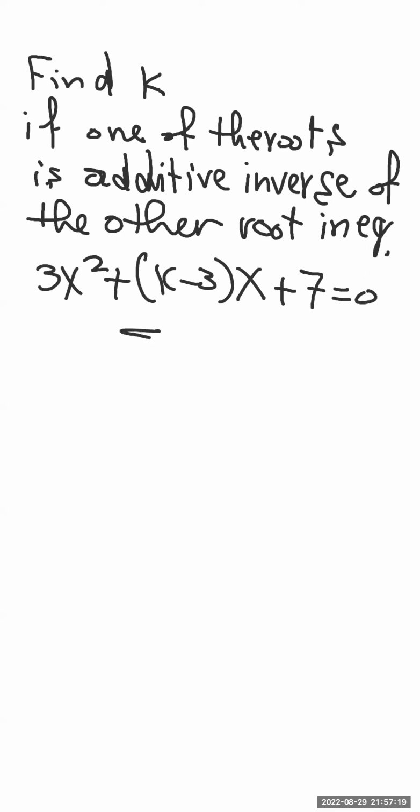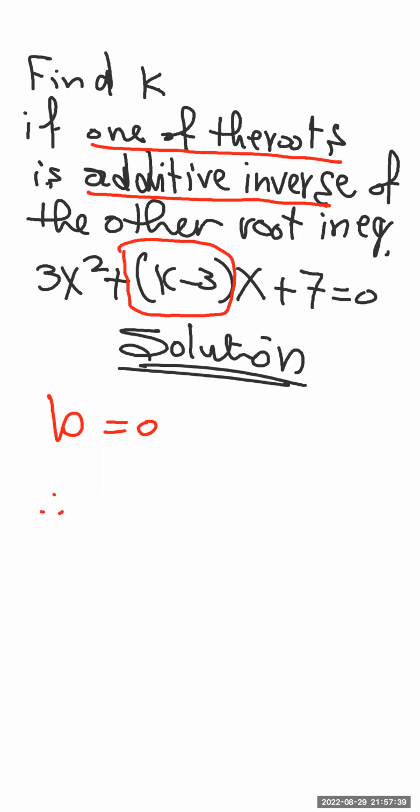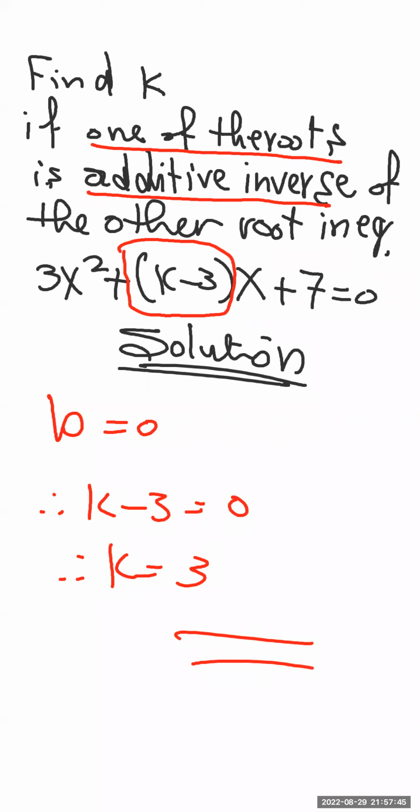Solution. Okay, here you mentioned that one of the roots is the additive inverse. So b will equal 0. Where is b in the equation? This one. b will equal 0, therefore k minus 3 will equal 0, then k will equal 3. Finished. Very easy, right?